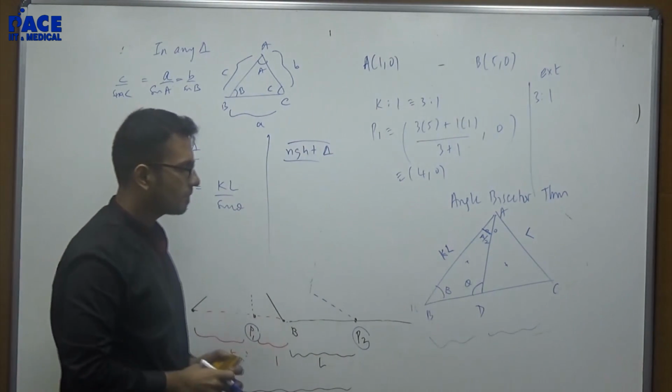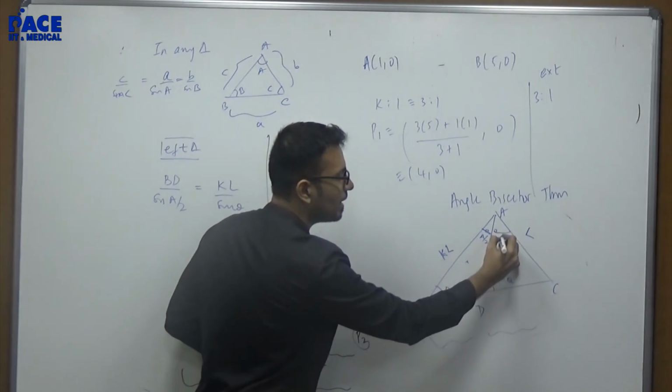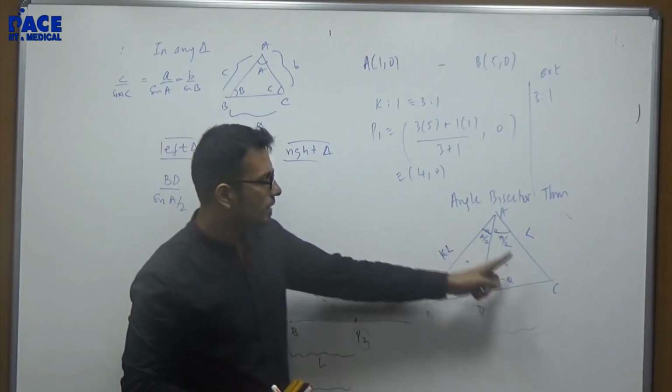Now consider the right triangle. What is here? This angle will be pi minus theta. But this angle will be A/2 only. Now apply the sine rule in this triangle.